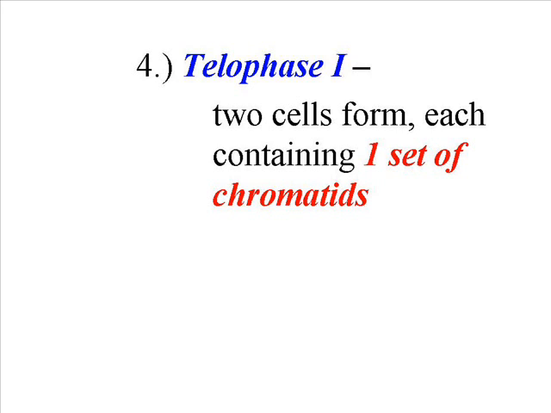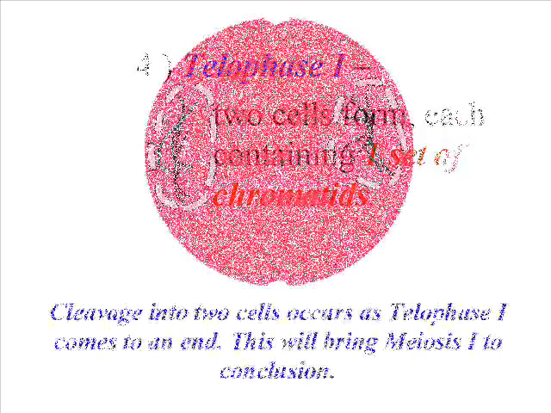During telophase 1, the cell is going to divide into 2 unique cells, but when the cell finally divides into these 2 cells, those cells are not going to be functioning at this point, because the cells are going to contain not individual chromosomes, but the cells will contain pairs of chromatids.